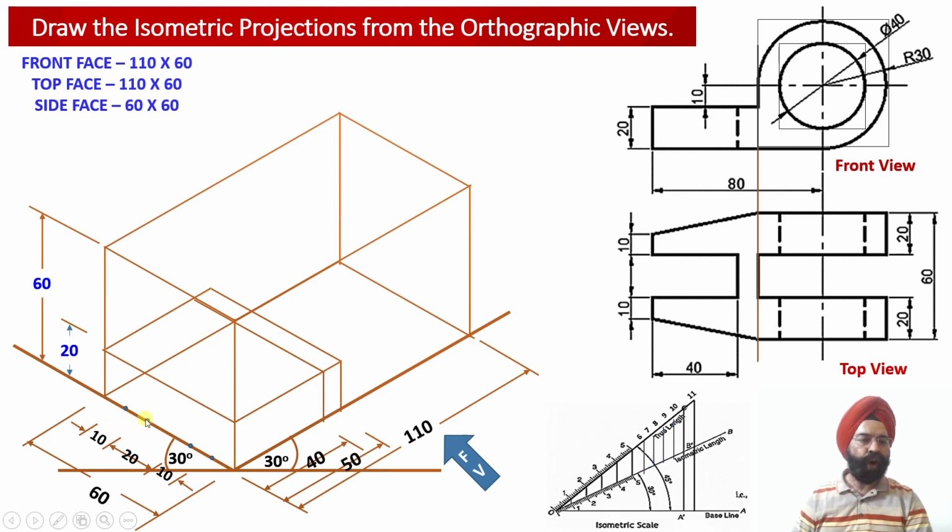And now from these 4 points, again 4 vertical isometric projector lines having height equal to 20 millimeter, we are going to obtain in such a way that these 4 vertical isometric projection lines will be parallel to the isometric y-axis over here. So this way, this surface and this surface have been translated into a 3D isometric projection surface over here into these isometric projections.